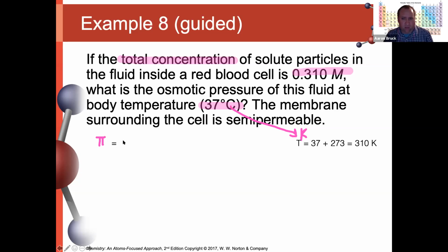So my concentration is 0.310 molar. My temperature is 310 Kelvin. And my R value is 0.08206 or 0.0821. The units on that are liters times atmospheres over moles times Kelvin.